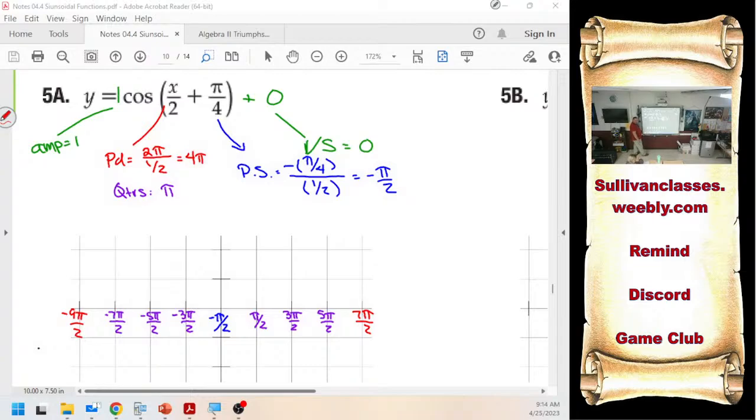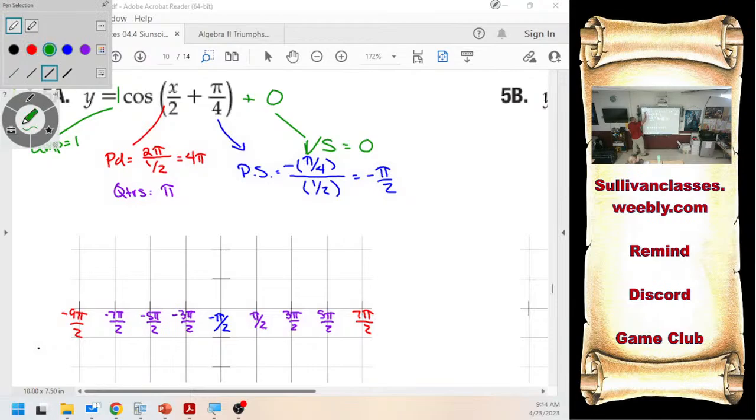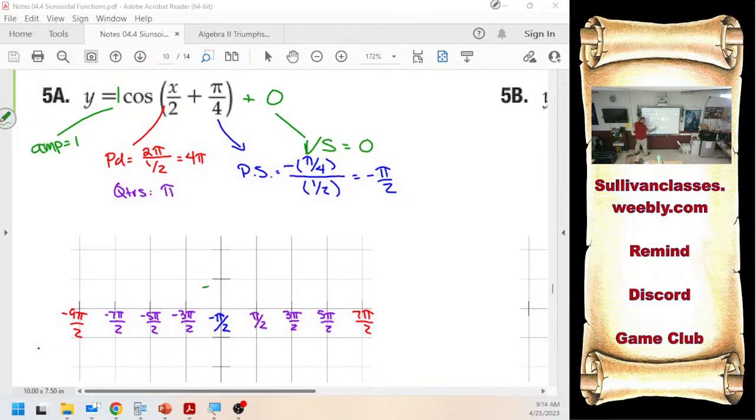No. Negative 1/2 plus 1 is 1/2. Plus 1 is 3 halves. Plus 1 is 5 halves. It won't be one of my quarter marks, so I don't need to show it. Isn't 0 halfway in between negative 1/2 and positive 1/2? Because it's not one of the relevant features of my graph.